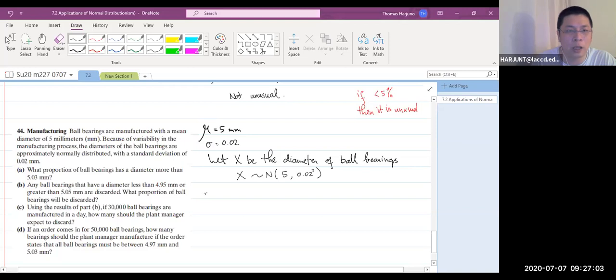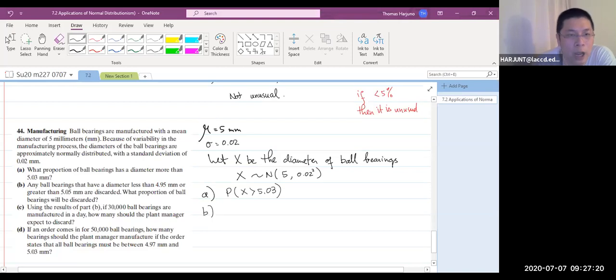Now part A, what proportion of ball bearings has diameter more than 5.03? Probability that X is more than 5.03. That one is easy. Okay, we did that before, right?